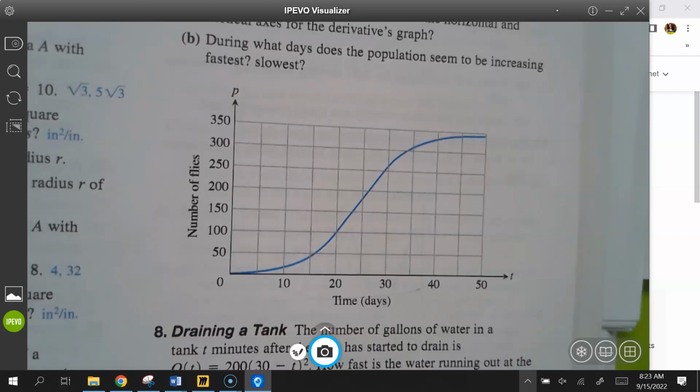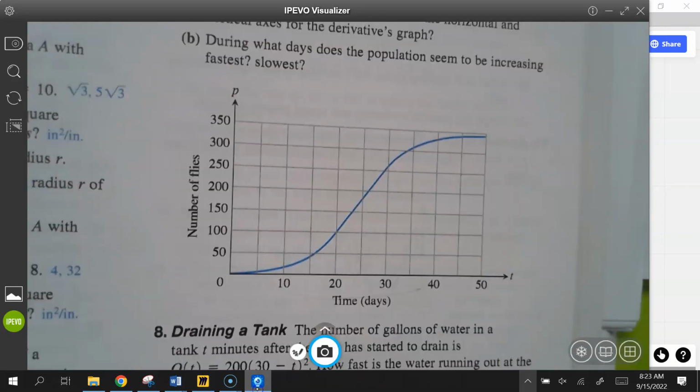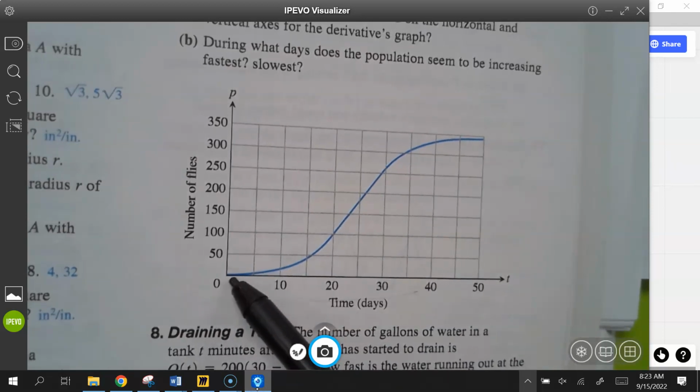Horizontal is days. You want to keep them the same? So what's it going to look like? All right, so this is my first. Henry says an upside down parabola. Looks like the slope is close to 0, right? Is it increasing or decreasing?